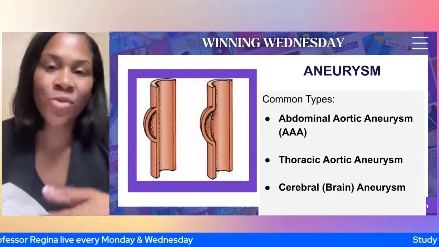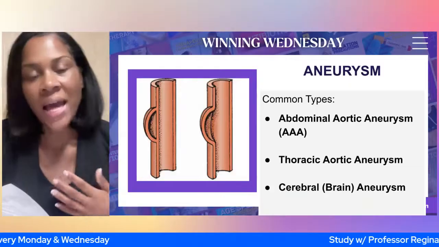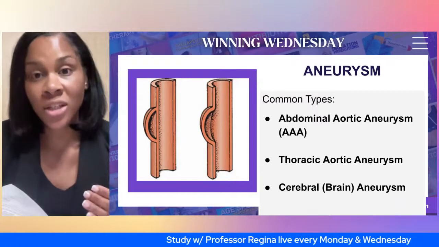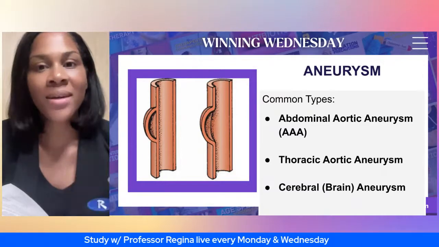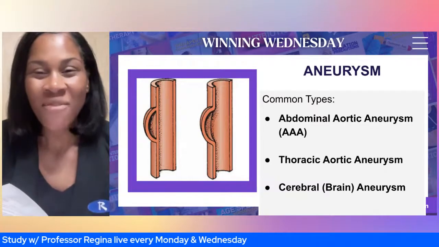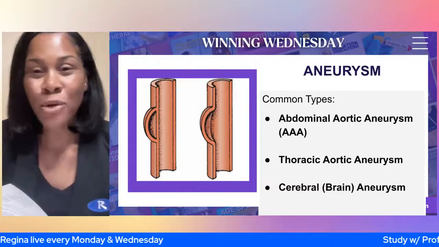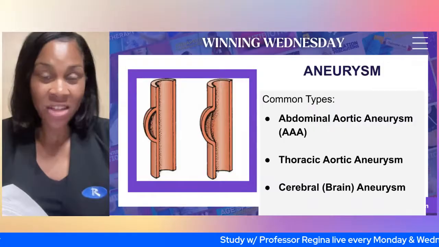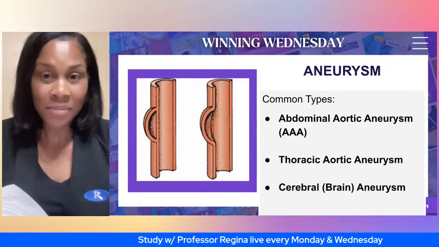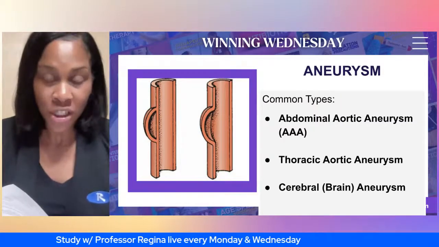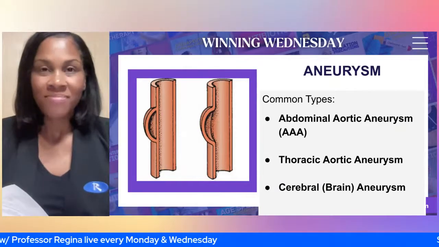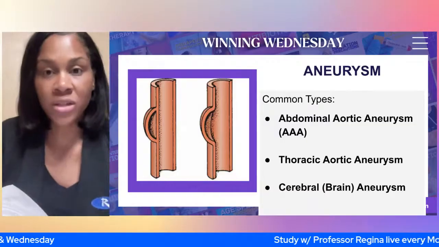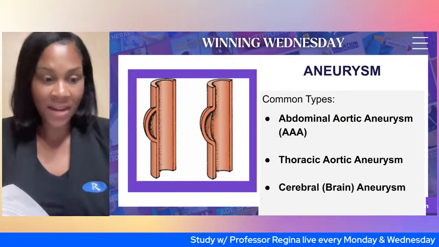When I say you need to know about them, what I want you to be familiar with is the location and the complications. If we're talking about the abdominal aortic aneurysm, our patient could have a rupture that would stop the nutrients going from the abdomen down.